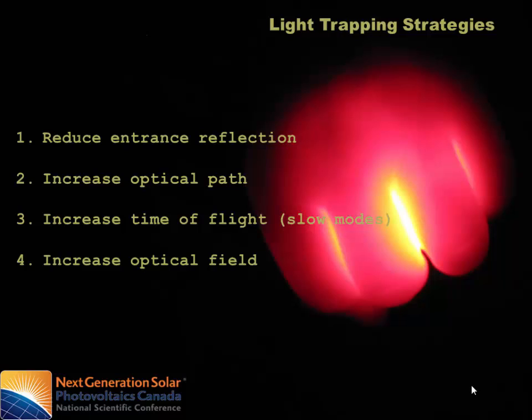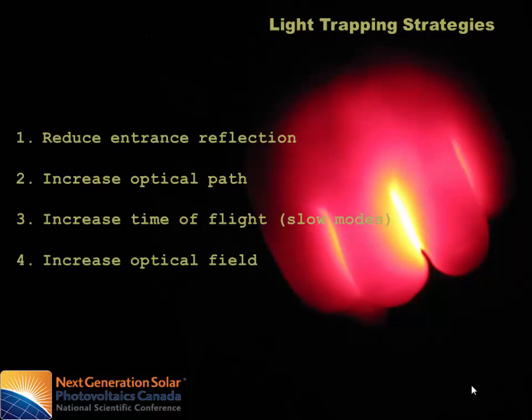A very basic one that is common to most solar devices is just to reduce the reflection. This is typically achieved by creating some sort of anti-reflective coating in your device, and this can be made with very simple or very sophisticated designs too.